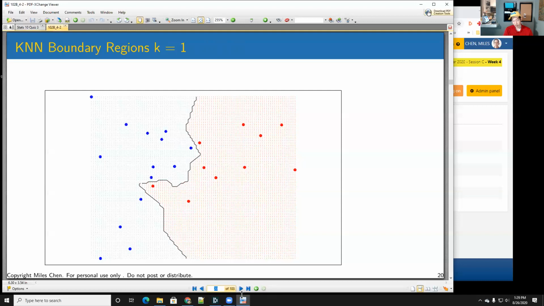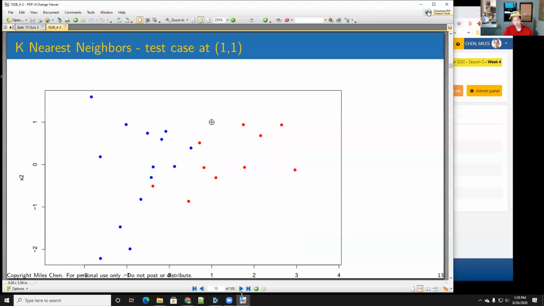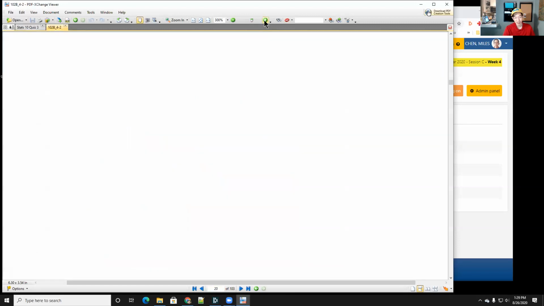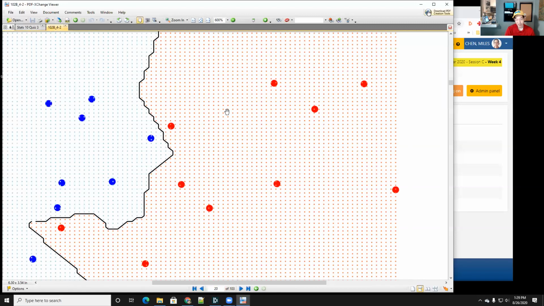But what I've done is I've created a grid of test cases. So I've gone through with the computer, and I hope you guys can see this. All of these little dots, these are just tiny little test cases.